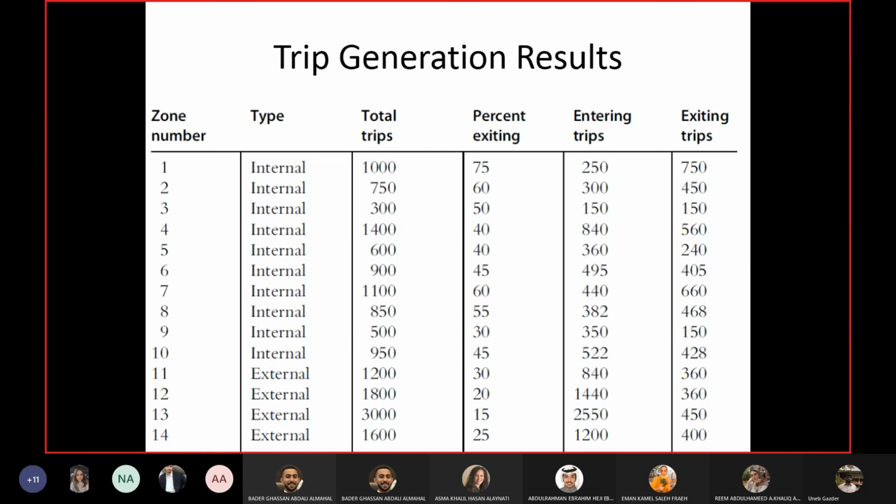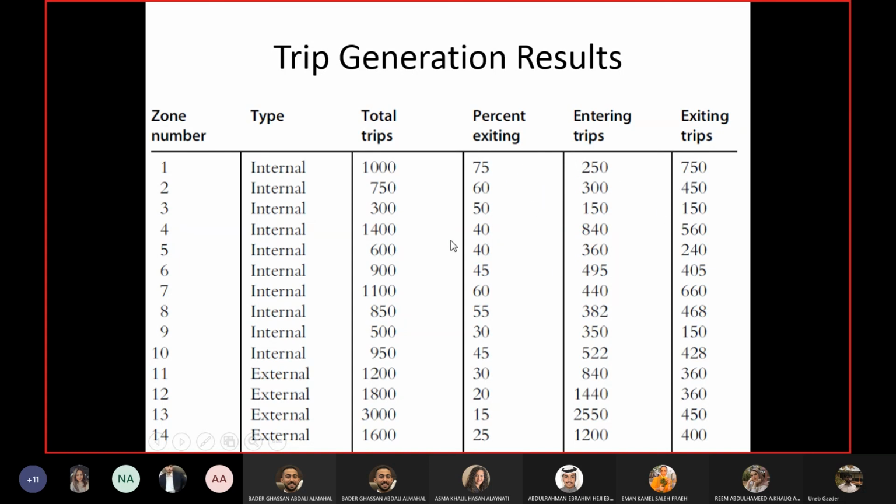After you calculate the number of trips, you will have an area. In that area you will have different traffic analysis zones. For each traffic analysis zone you will apply the ITE manual equation or the trip rate, like I have showed you in the previous example. After you calculate the number of trips using the equation or the trip rate, you will have the total number of trips, and then using the percentage of trips entering and exiting the area, you will calculate the number of trips entering and exiting the area.